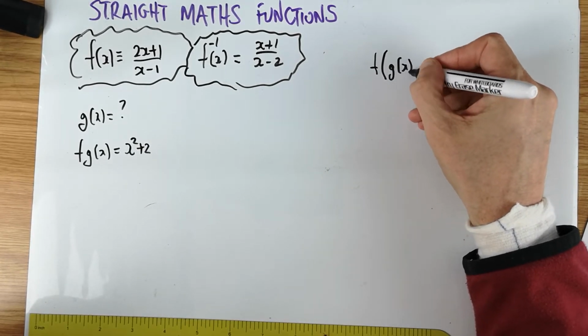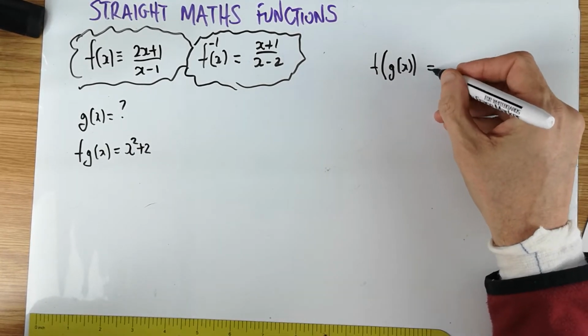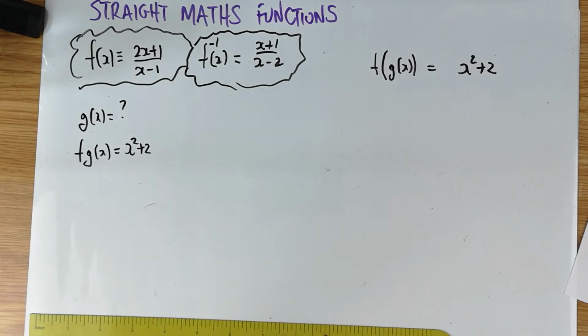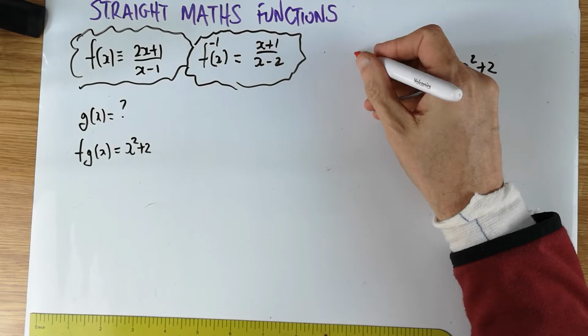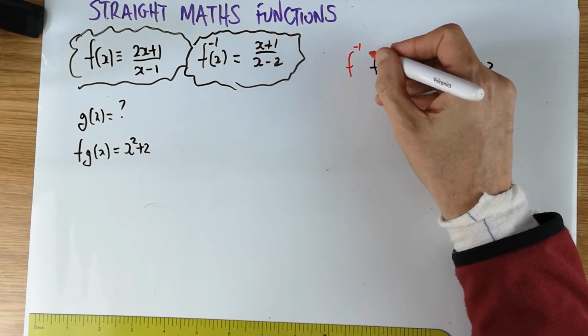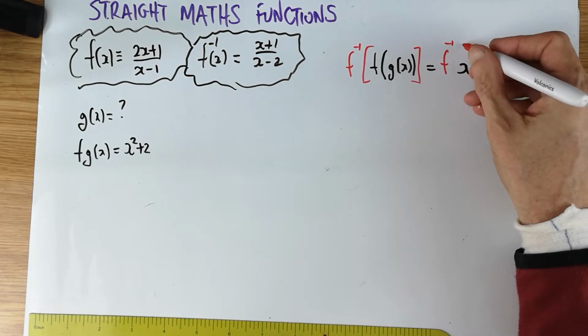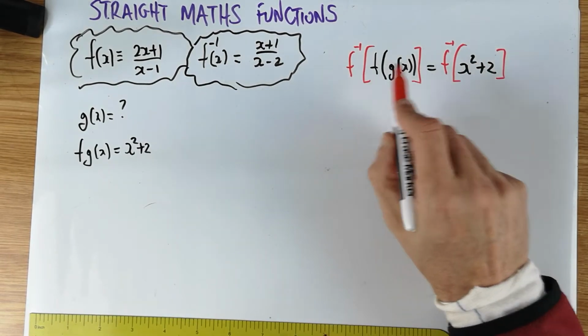f of g of x, we want it to be x squared plus 2. I'm going to use a different color pen to illustrate what I'm doing. I'm going to compose both sides of this equation by f to the minus 1, from the left and from the left.